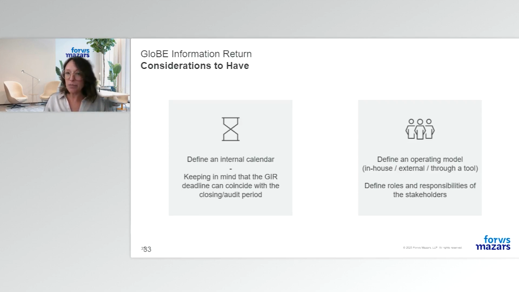I mean, the MNEs have to decide if they are managing the compliance internally, externally, through a tool or not. And the use of a tool can be really helpful for this new huge global compliance framework. And moreover, when we add the filing of local returns that we will present in the next section.